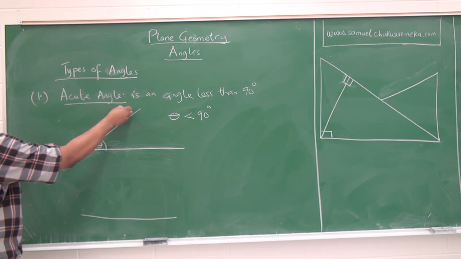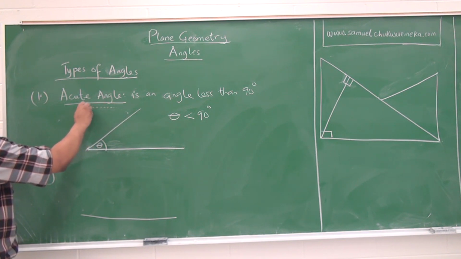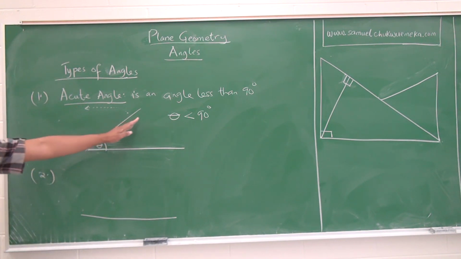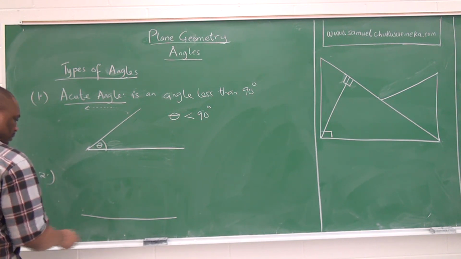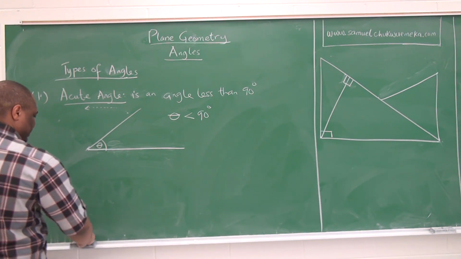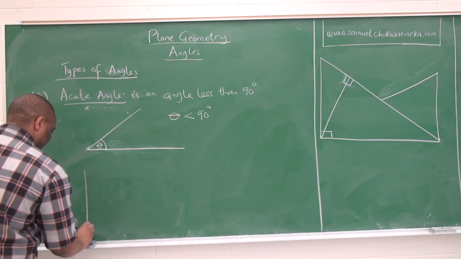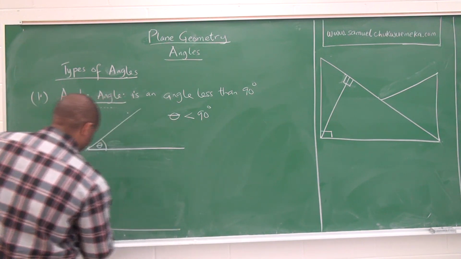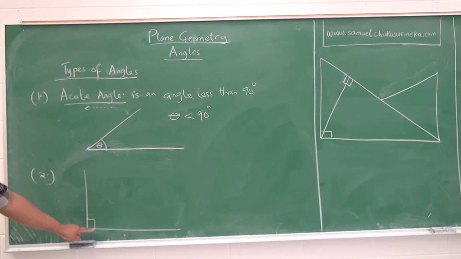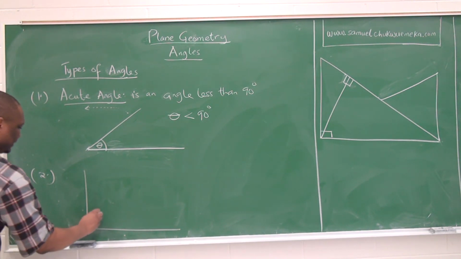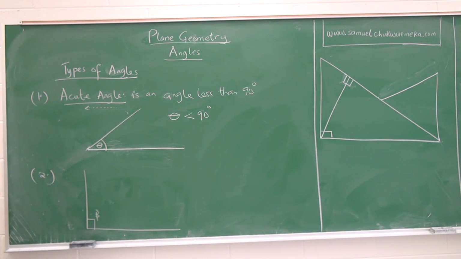You keep shifting it backwards in this direction. What will you get? You will get a vertical line, straight vertical, straight horizontal, and you have a box. Let me call this angle beta.